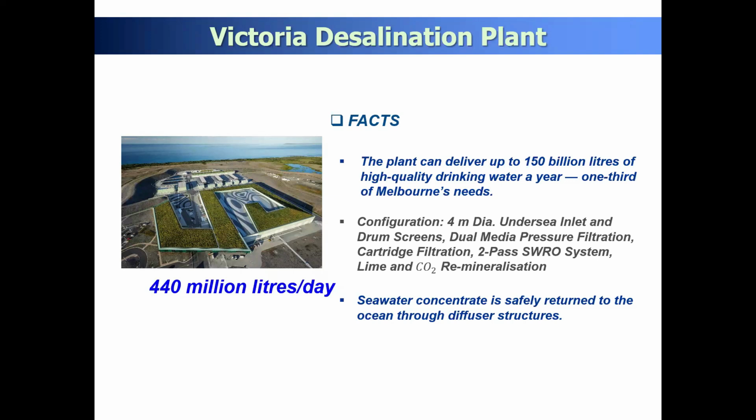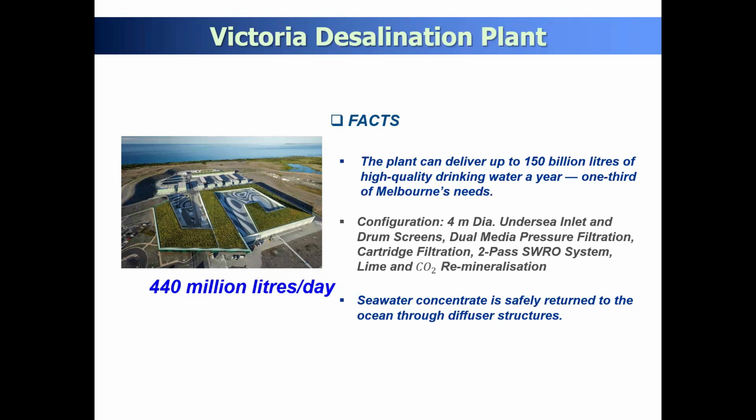But during the millennium drought 20 years ago, everybody worried about water resources. Then Sydney started with the desalination plant, even Gold Coast, Adelaide, and Perth. So even though Melbourne was not in a serious condition, every major city built one desalination plant. Why not also secure our resources? Then they built it, a very big site, 440 million per day.